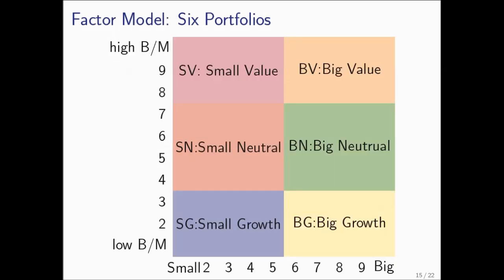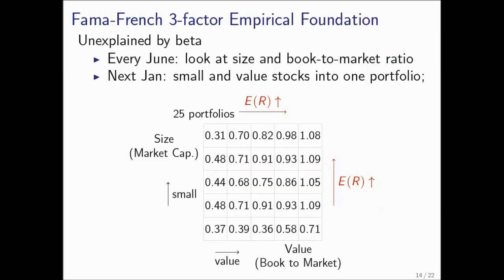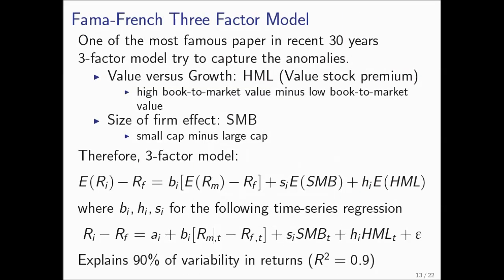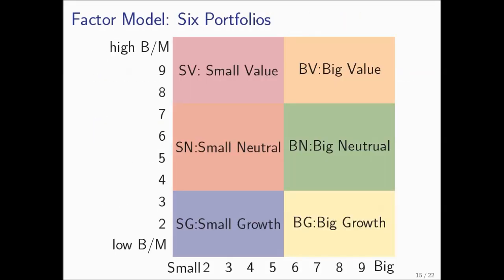So now we're going to talk about how to construct SMB and HML. How do we do it? Consider 10 different book-to-market values and 10 different sizes, and then we have 100 portfolios. Then these are called small value, big value, small neutral, big neutral, small growth, and big growth portfolios.